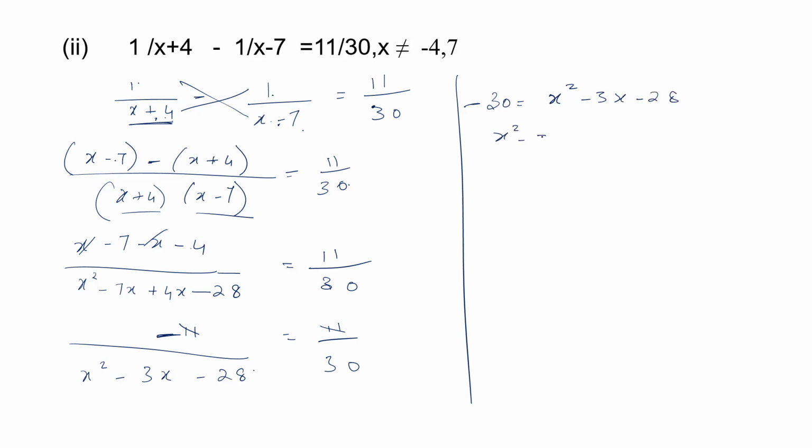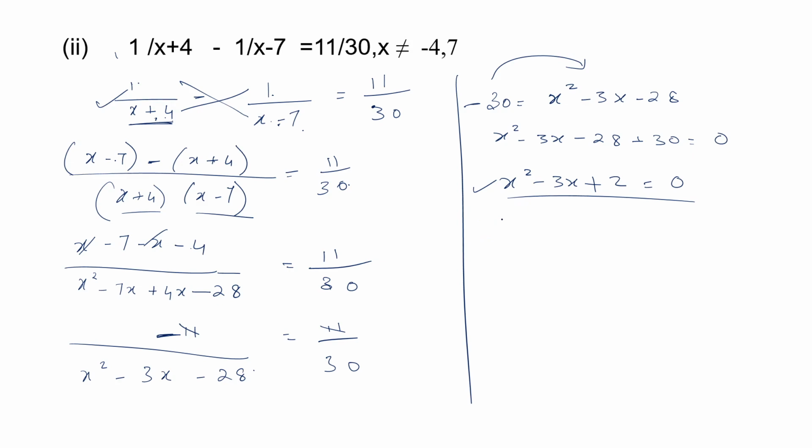So x square minus 3x minus 28, this 30 I am bringing this side. Minus 28, 2. So now this is a very simplified equation. See this one and see this one. Okay, so this is done.